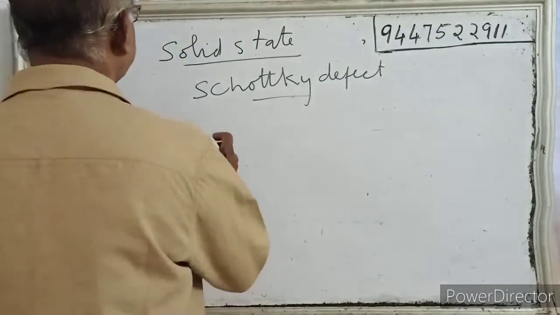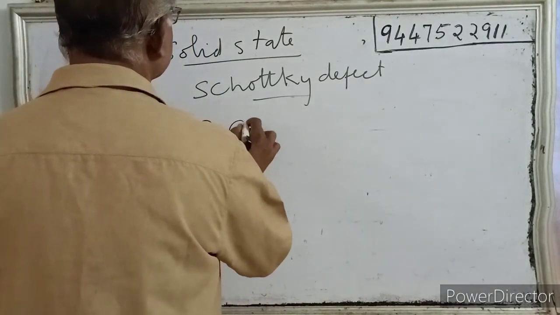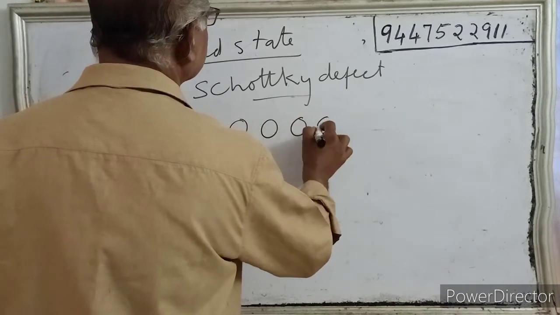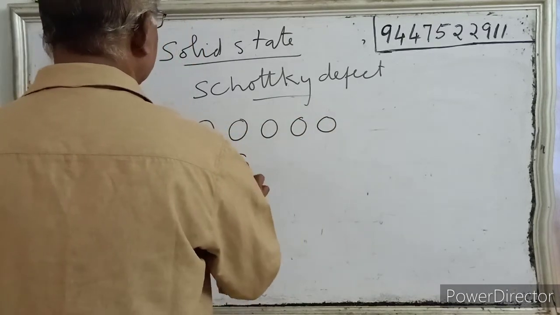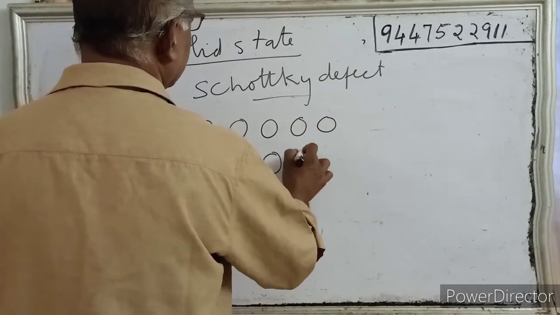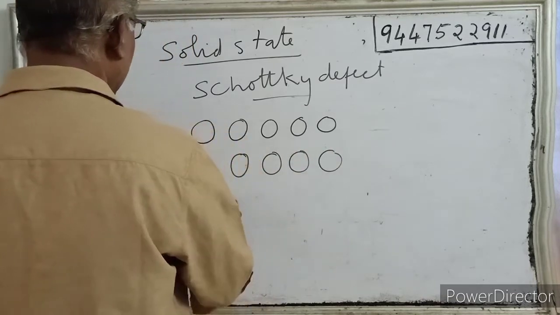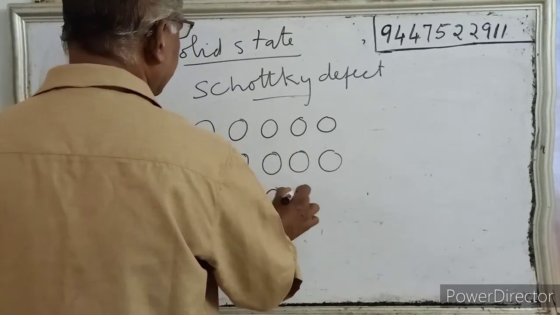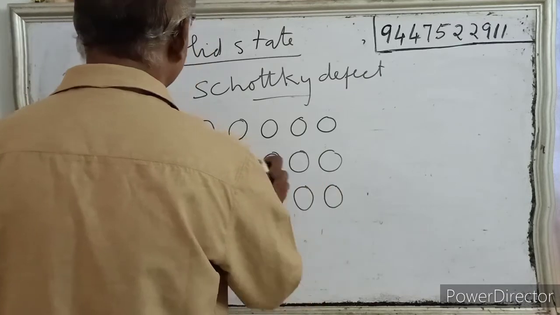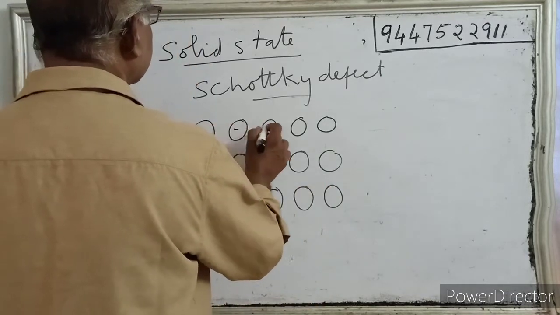So let us see. What is Schottky defect? Schottky defect arises when equal number of cations and anions are missing from their normal position in the crystal lattice.